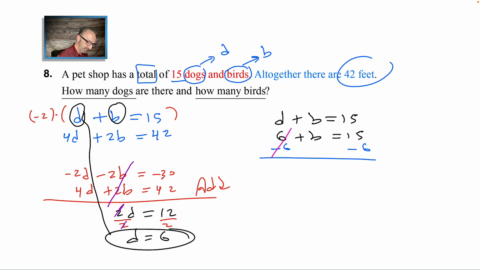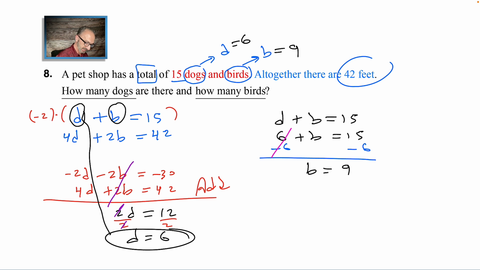And I end up with B equals 15 minus 6, which is 9. And D is 6.